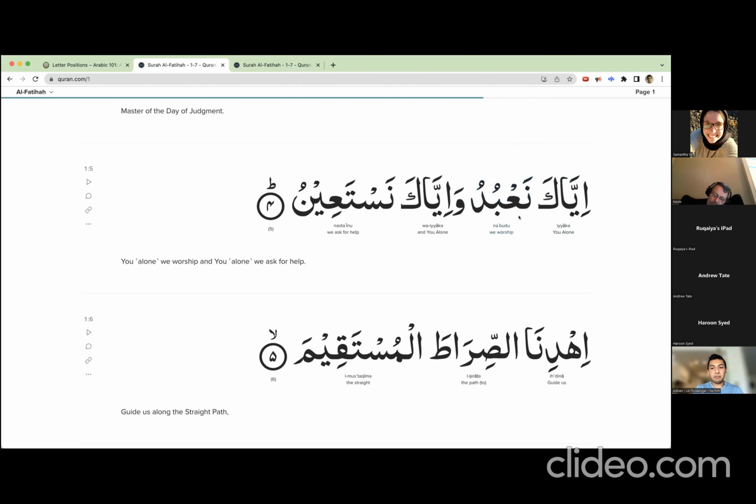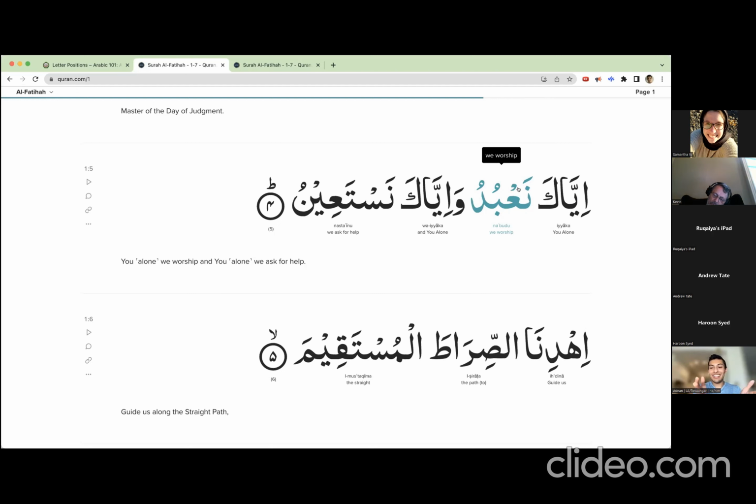Na'budu is a present tense word, so the first syllable shows the actor. Na'budu is we worship. A'budu is I worship. Ta'budu, you worship or she worships. There's a little bit of ambiguity there.